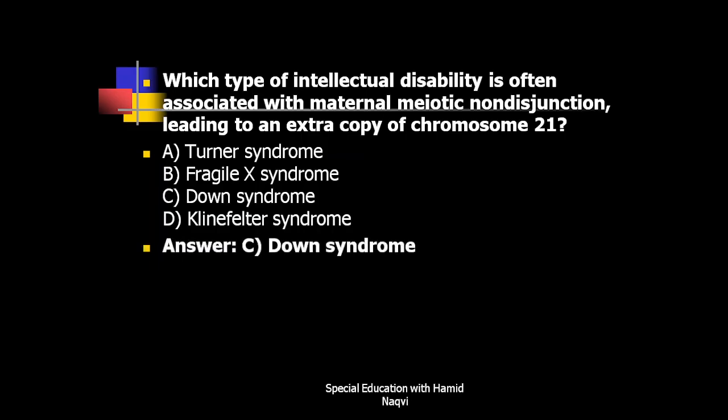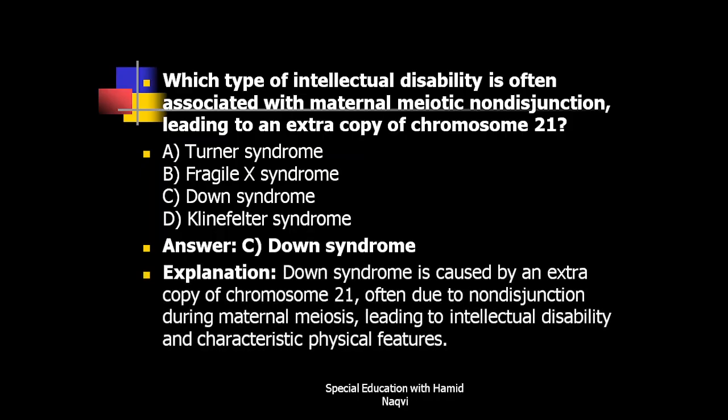Answer is Down syndrome, and the reason is Down syndrome is caused by an extra copy of chromosome 21, often due to non-disjunction during maternal meiosis, leading to intellectual disability and characteristic physical features.